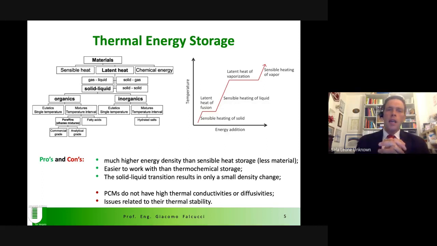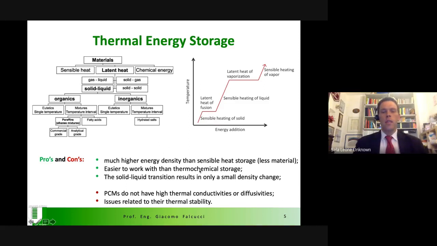So why use latent heat instead of sensible heat or chemical energy storage? The pros are highlighted here. We have a great energy density, much more than sensible heat storage, so we can use less material, and from an economic point of view this is a precious thing.